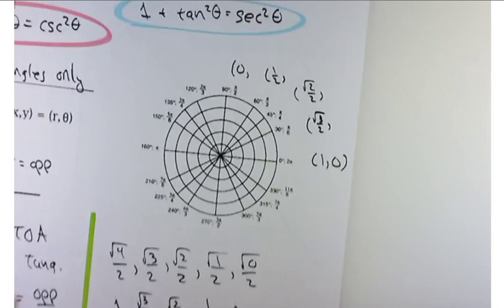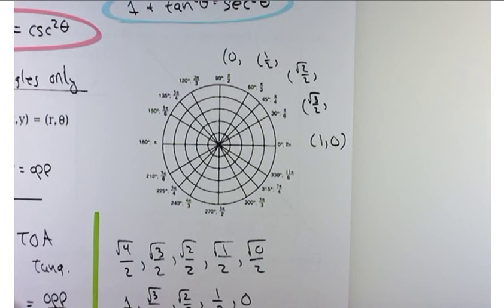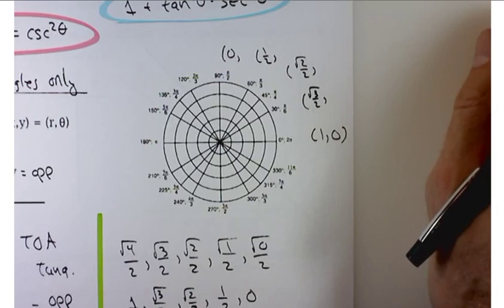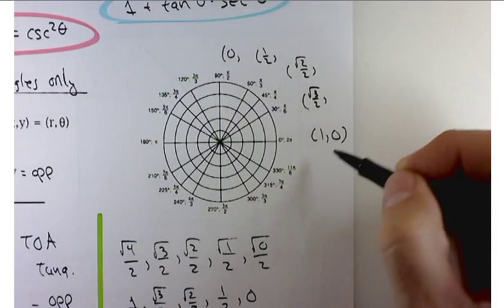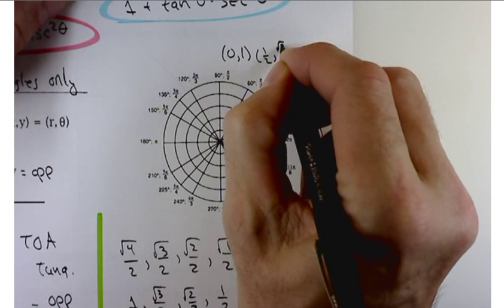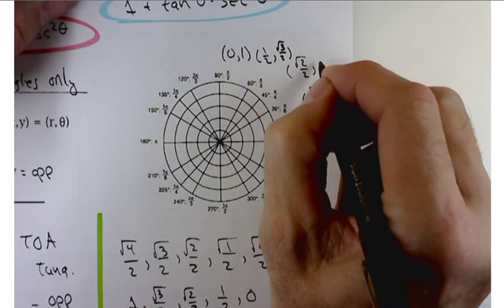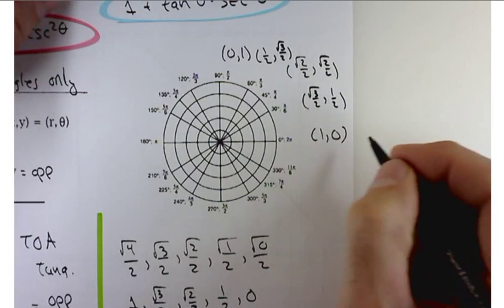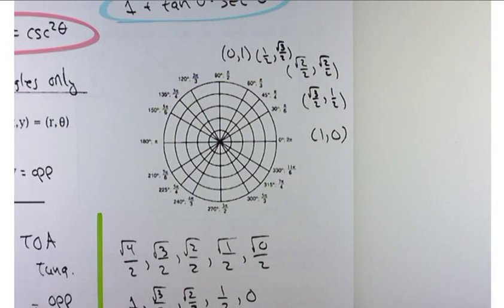So those are all your x coordinates. And they follow exactly the pattern that we just set down. What are we going to do for the y coordinates? Yeah, just the same pattern going down. So a 1, square root of 3 over 2, square root of 2 over 2, 1/2, and 0. So going up and going down.